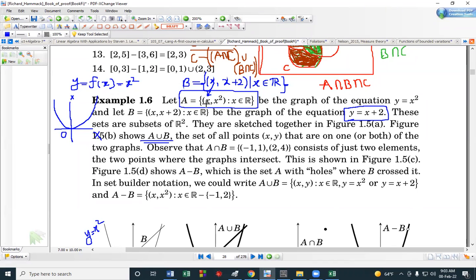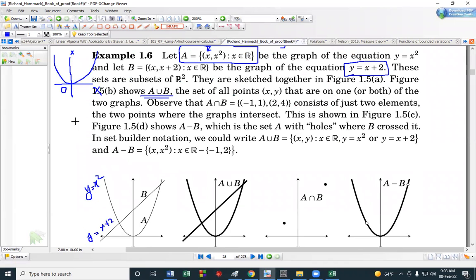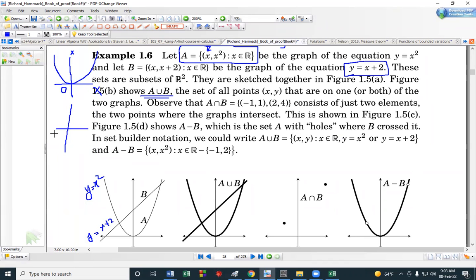So the set A is the points on this locus, and set B is the set of all ordered pairs in the xy plane that are on this straight line. So what should be their union?